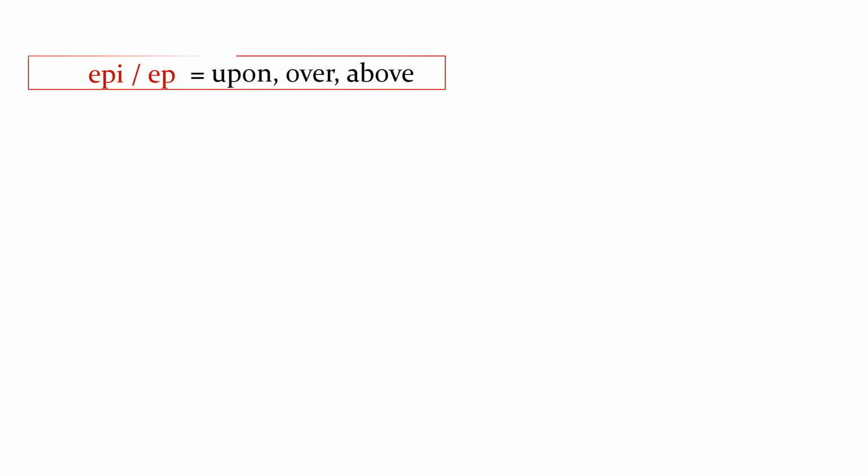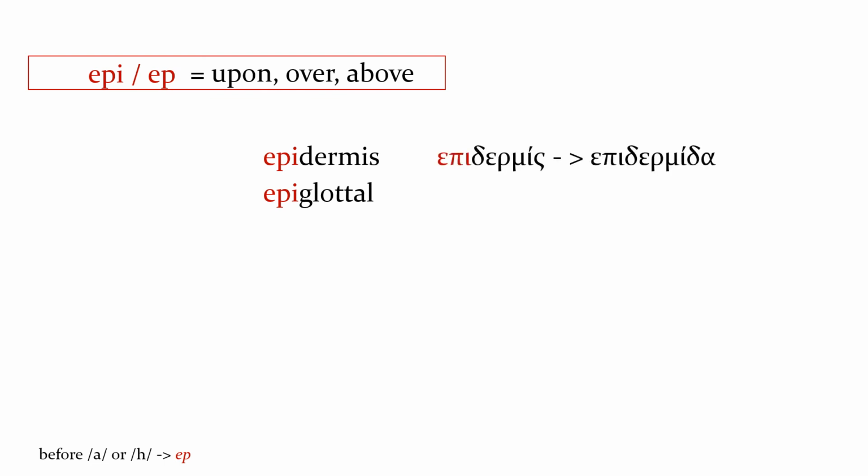Another useful set is epi or ep, which means upon, over, or above. We have epidermis, epiglottal. Your dermis is your skin. Your glot is your tongue. Epidermis in Greek, epidermis, which in modern Greek has become epidermida.